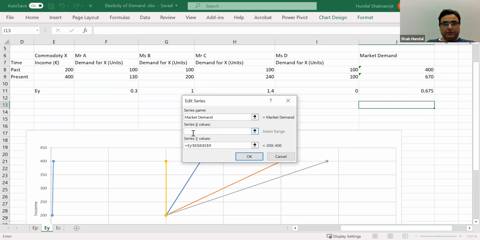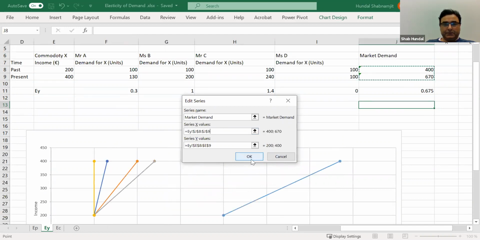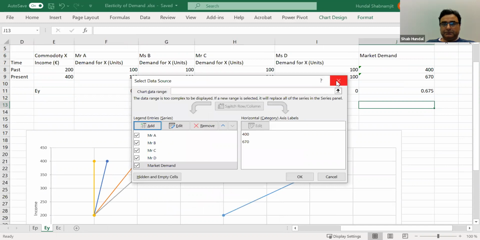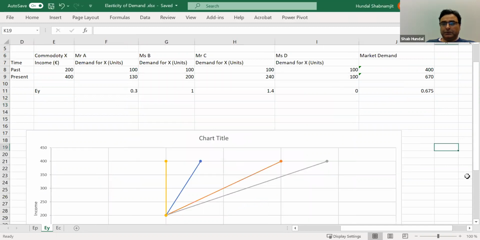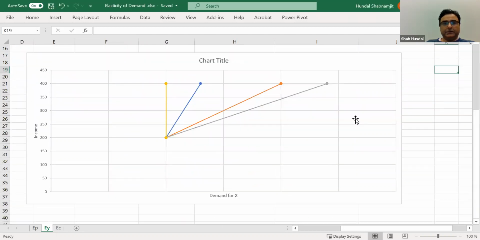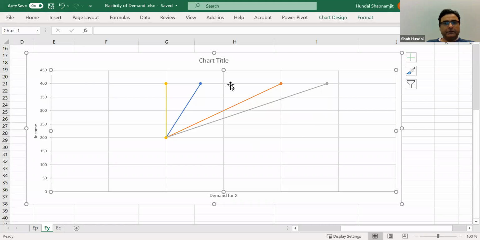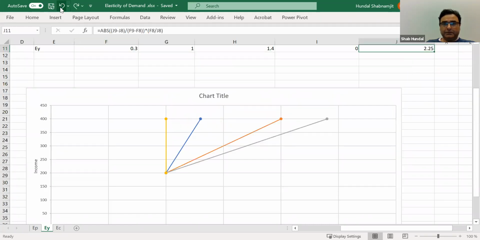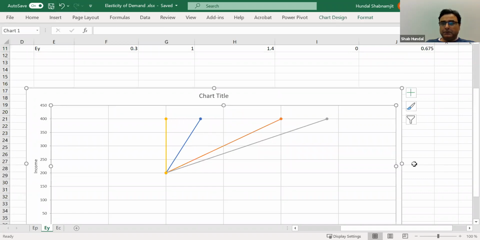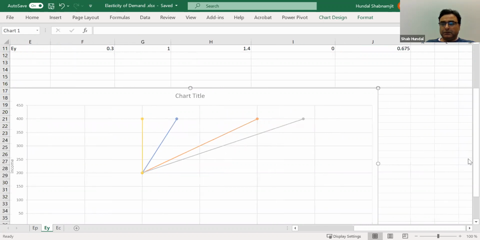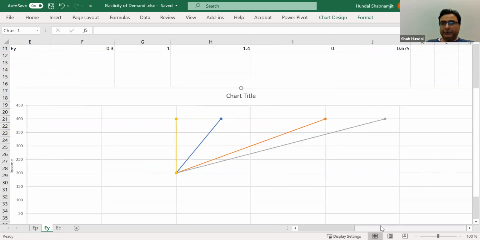And the x-axis, the outcome, is the market demand, which is this, 400 to 600. And there we go. So this is the overall shape of the... oh, what happened to it? Did I miss something? Okay, maybe I have to do it again.